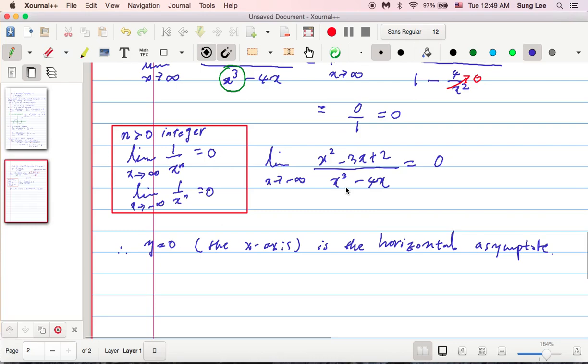Of course, in order to sketch a graph of this function more accurately, we need more information, but those things require the techniques that we are going to study in the later part of my calculus lecture.